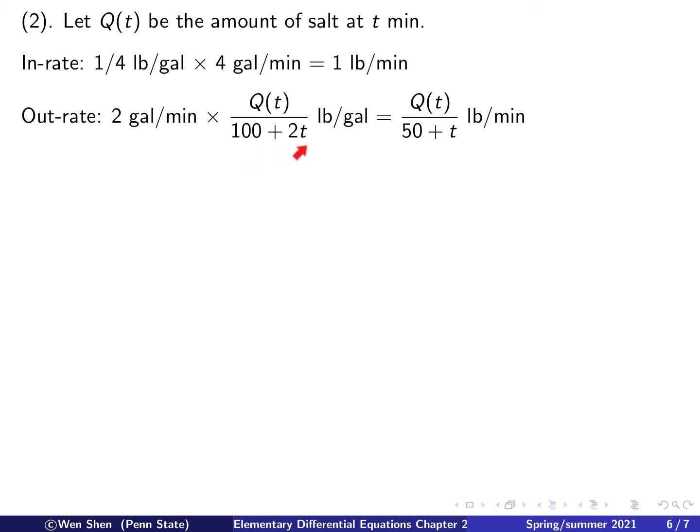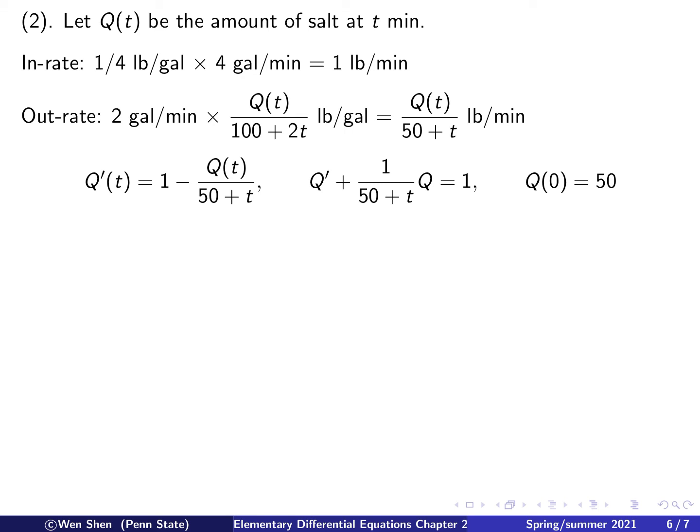So this is a bit more complicated than the previous example. Okay, and then you can simplify a little bit, multiply this by 2, so we'll get 50 plus t in the denominator. Okay, now we can set up our equation. Q prime equals in rate, which is 1, minus out rate, which is here.